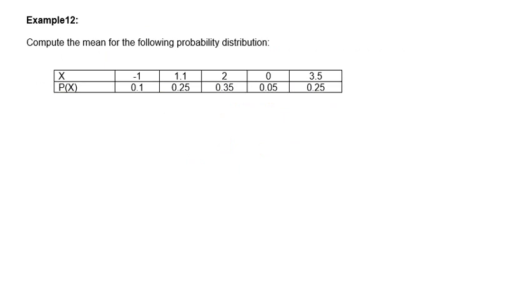Example 12. We want to compute the mean for the following probability distribution. So once again, pause the video, work it, and then replay, start the video right back up. So here I go. All right, if we're going to calculate the mean for a probability distribution, your job is you multiply outcomes to their respective probabilities.